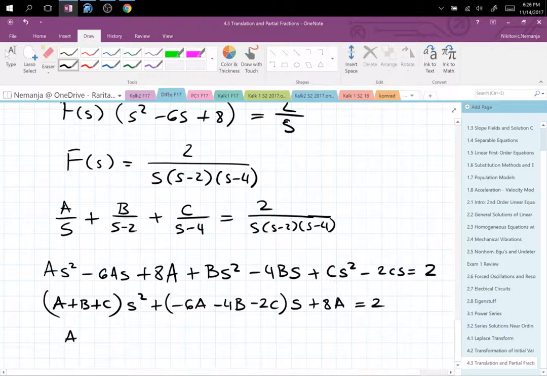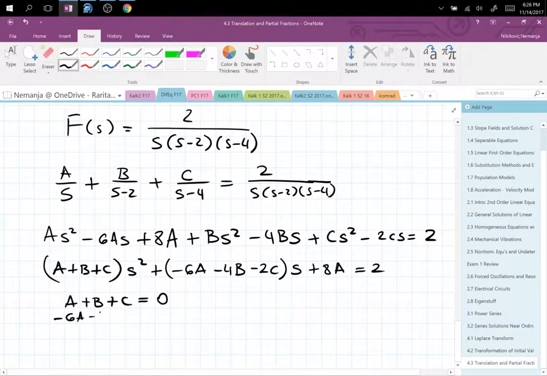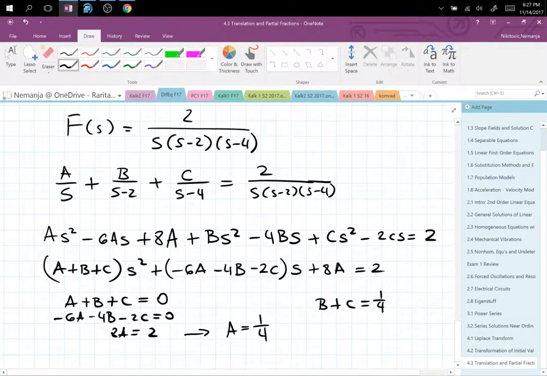So now a plus b plus c equals to 0. Negative 6a minus 4b plus 2c equals to 0, minus 2c, and 8a equals to 2. Well, that's a quarter. Nice. So we have b plus c is equal to a quarter. Divide everywhere by 2 over here. Negative 2. If you divide by negative 2, you have 3a.